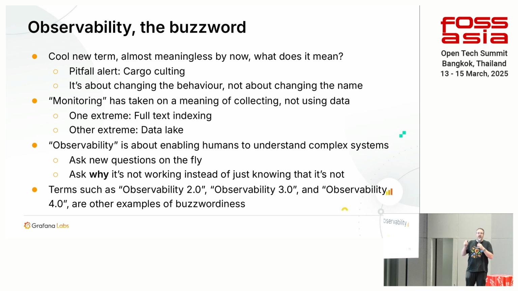But the thing is, buzzwords usually have a kernel of truth, a reason why they have been successful. Who here has heard of the term cargo culting? Oh, surprisingly many. So for those who don't know, this comes from the Second World War, where during the war effort in the Pacific Islands, a lot of soldiers came to remote islands, some of which had never had contact with humans before, or at least only very controlled contact with humans.